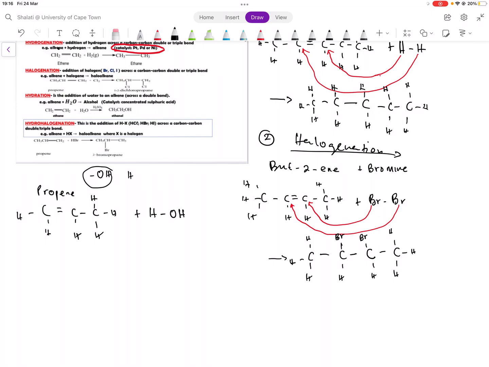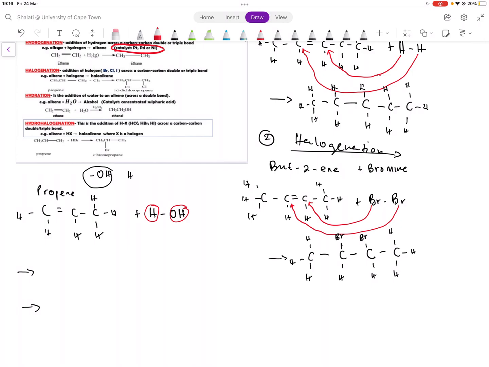So let's see what can happen here. 2 products can form. You can see now in hydration we are adding 2 different things, a hydrogen and an OH, which means 2 possible products can form. Okay, so I'm going to show you how they can form.